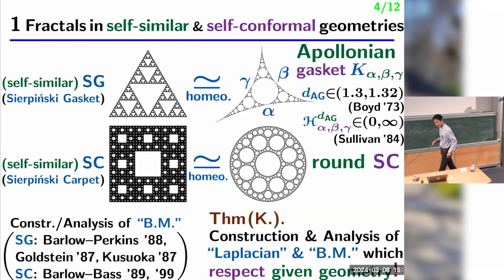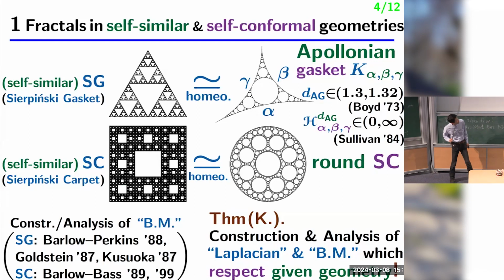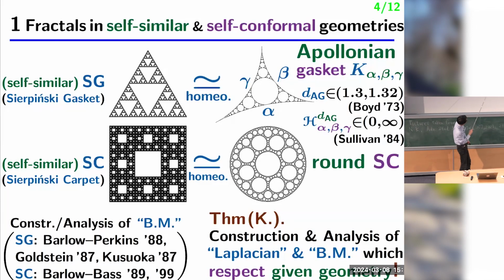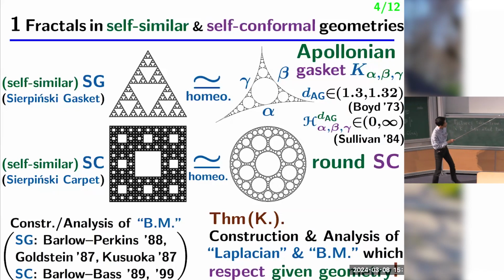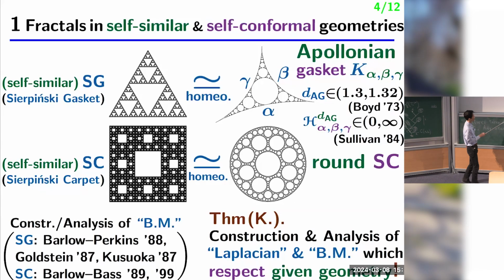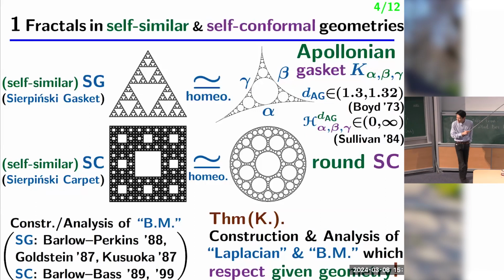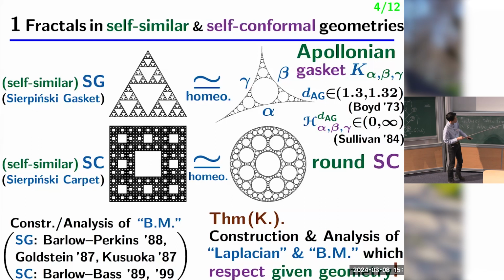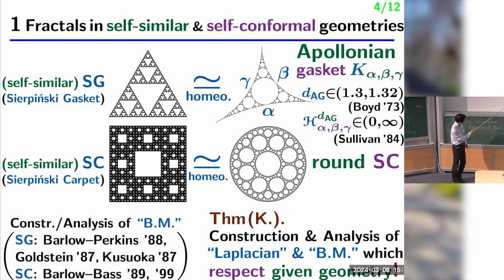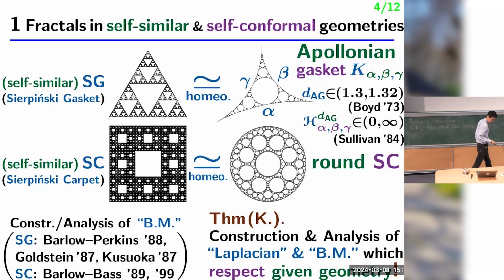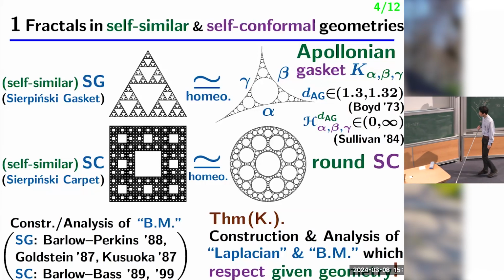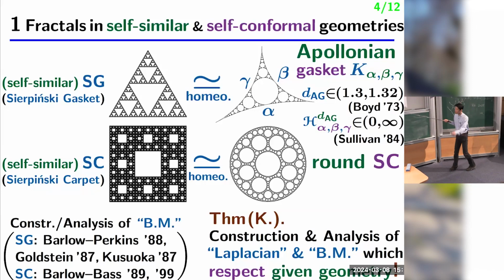And my earlier results are basically this. In this right picture, I have found one candidate of a natural Laplace operator and the corresponding Brownian motion. And I did some analysis of the eigenvalue asymptotics of the Laplace operator in this case. Okay? So that's my earlier result.